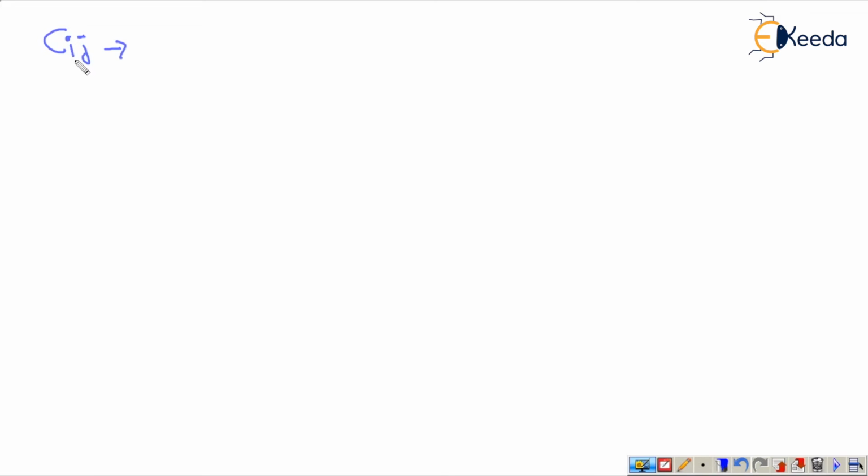Corresponding element of ith row of A should be multiplied with corresponding element of jth column of B, right? And then they'll have to be added. We'll see this. Let's say we have an example for A equal to 1, 2, 3, 4, 5, 6.